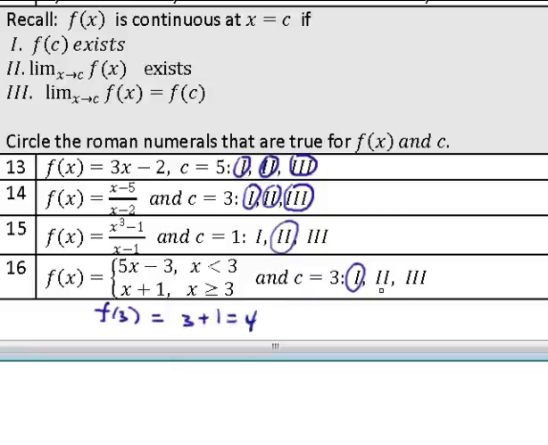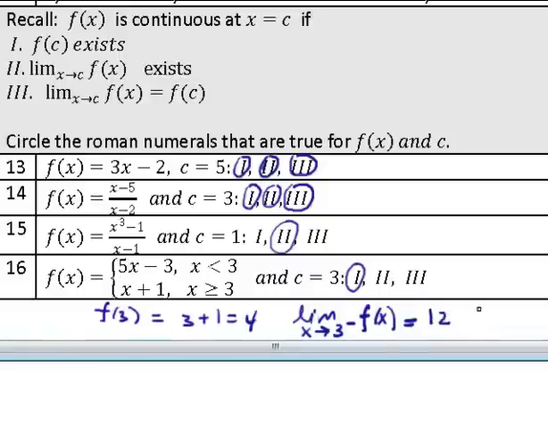Okay, let's look at 2. Does the limit exist as we approach 3? Well, the limit from the left is going to be different from the limit from the right. The limit as x goes to 3 from the left of f of x is equal to, substituting 3 into the top, 15 minus 3, which is 12.